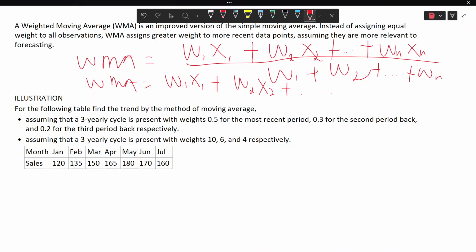So let's take an illustration. For the following table, find the trend by the method of weighted moving average, assuming that a 3-yearly cycle is present with 0.5 for the most recent period, 0.3 for the second period back, and 0.2 for the third period back. If you add 0.5 and 0.3, making 0.8, and 0.2, the summation of the weights gives us 1.